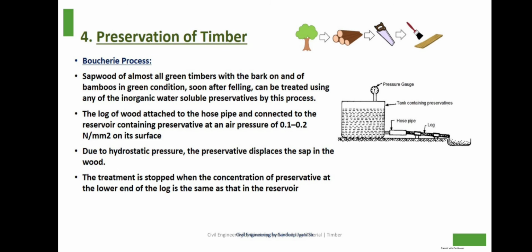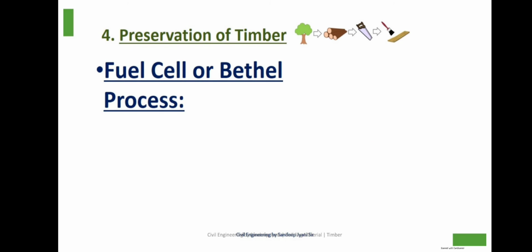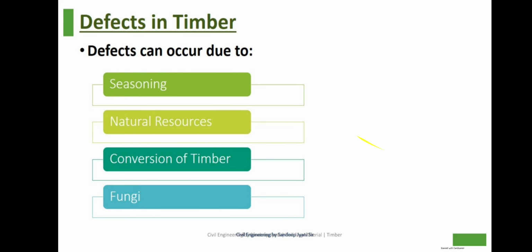Due to hydrostatic pressure, the preservative displaces the sap in the wood. The treatment is stopped when the concentration of preservative at the lower end of the log is the same as that in the reservoir. Fuel cell or Bethell process.